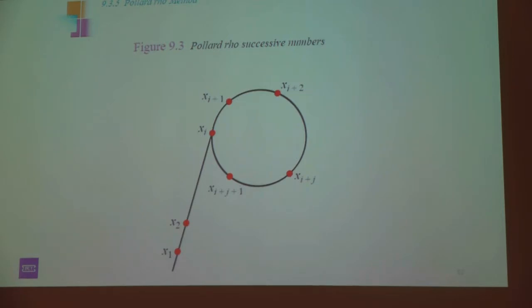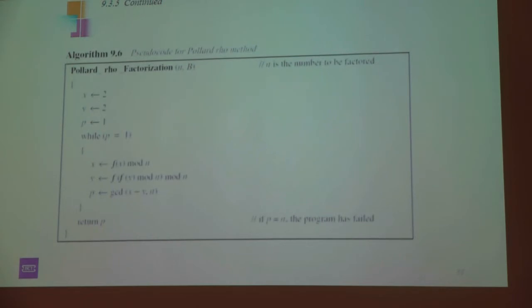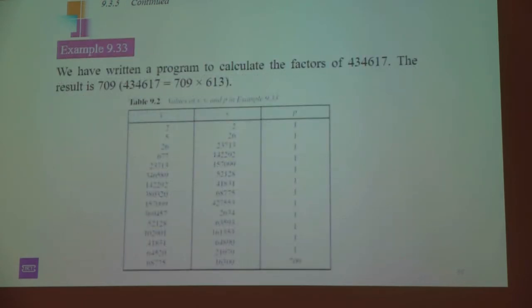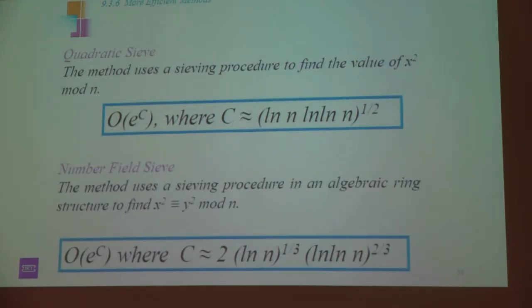there is another technique you could take a look at, called the quadratic sieve. The book did not explain it, it just gave you the complexity of it. And there is another one called the number field sieve; it did not explain how it works, but it gives you the complexity of that.